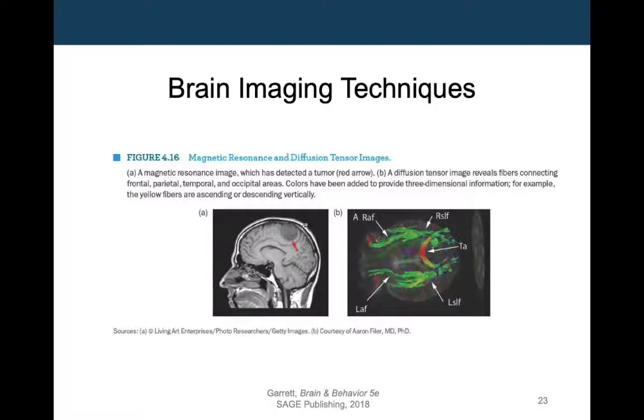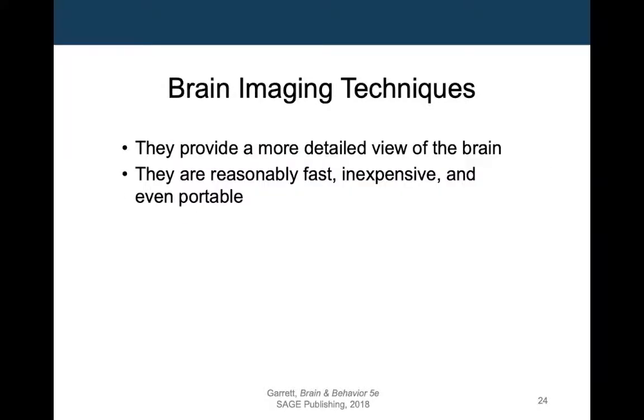And it's more versatile, so you're really not limited here. And MRIs, believe it or not, compared to other brain imaging techniques tend to be less expensive and even portable.